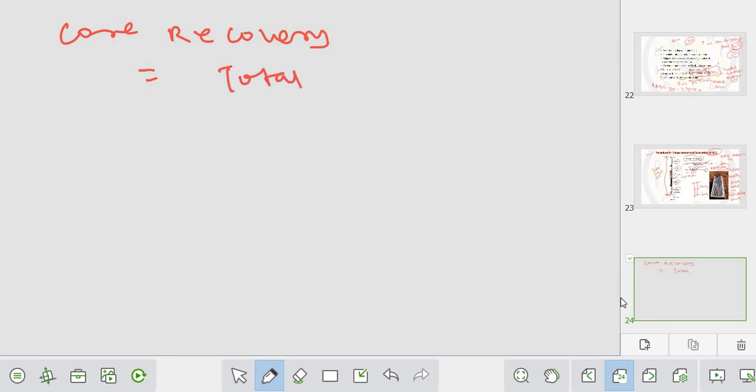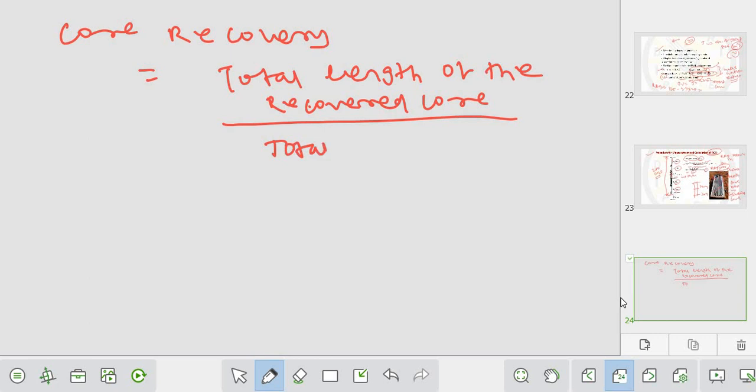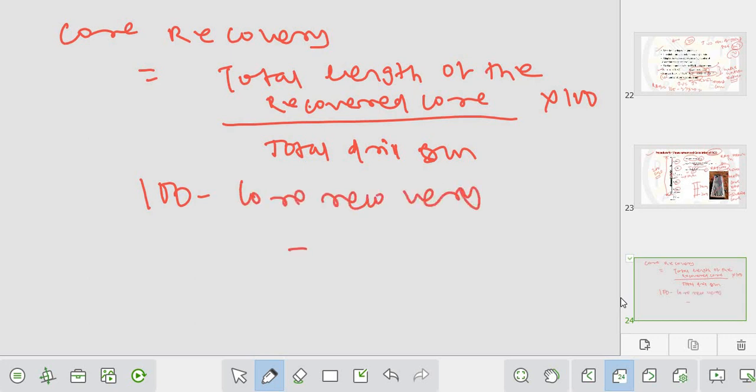So that is normally the total length of the recovered core, कितना रिकवर हुआ है, upon the total drill run, okay, total drilling, into 100, इतना कोर रिकवर हुआ है टोटली, ठीक है. अगर 100 से core recovery को minus कर दोगे, you will get the core loss, ठीक है. So that means the total length of the core that is recovered, okay, that is the core recovery percentage.